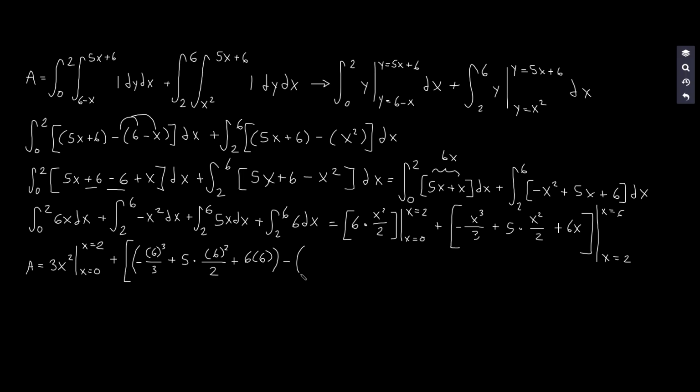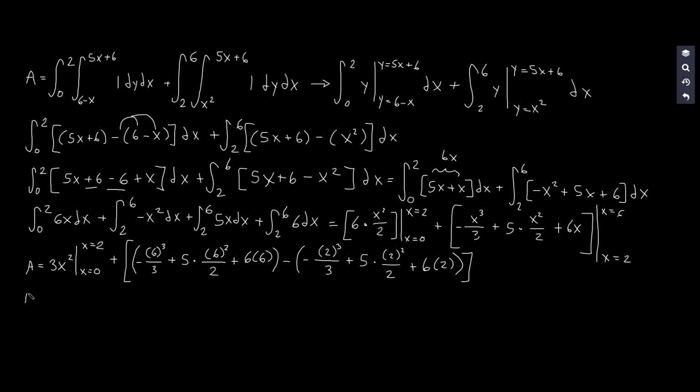Well, negative 2 raised to the third over 3 plus 5 times 2 raised to the second over 2 plus 6 times 2. Okay, I just need a moment to check my work.